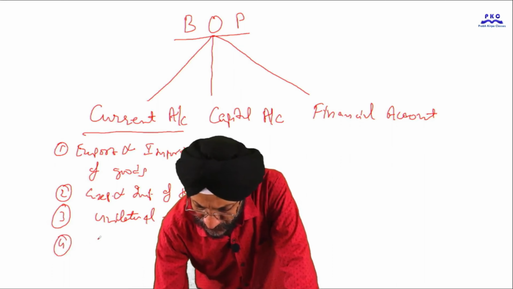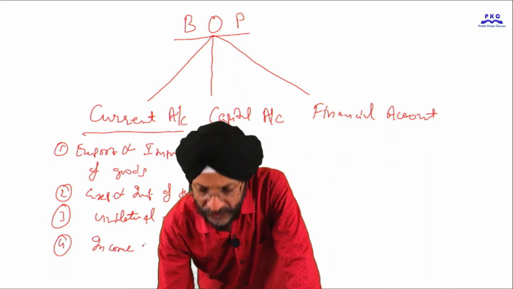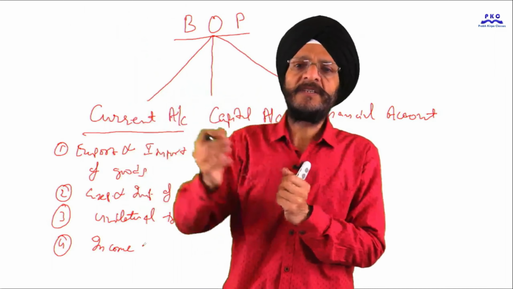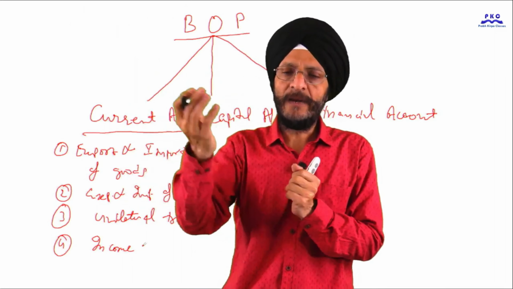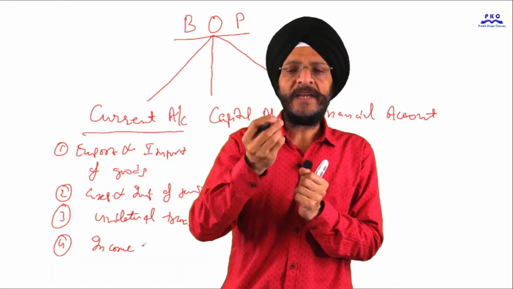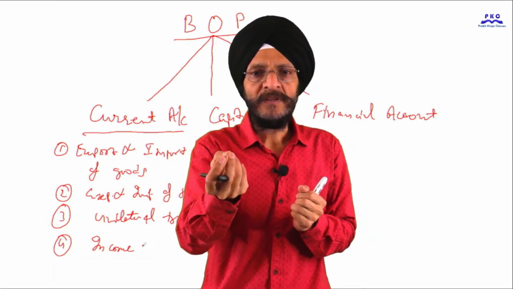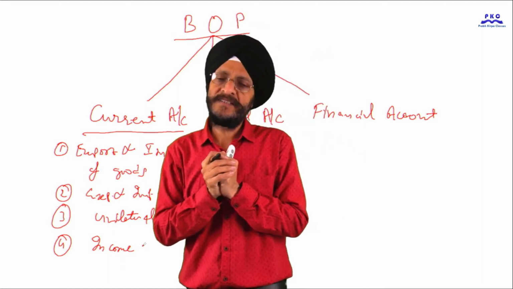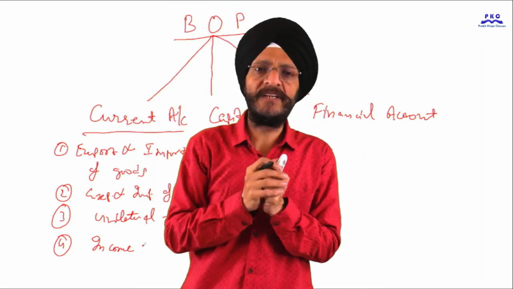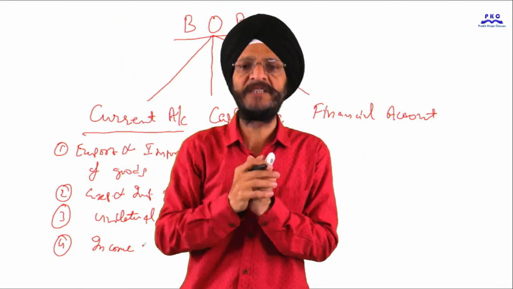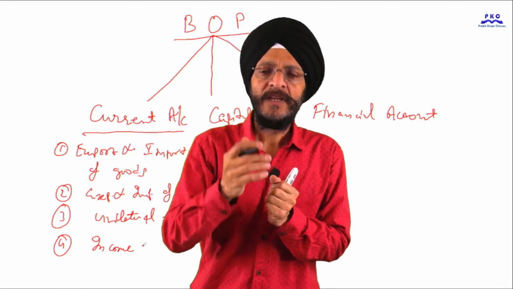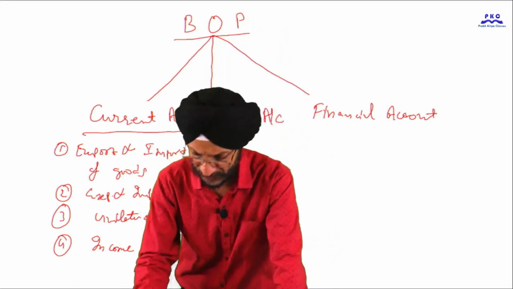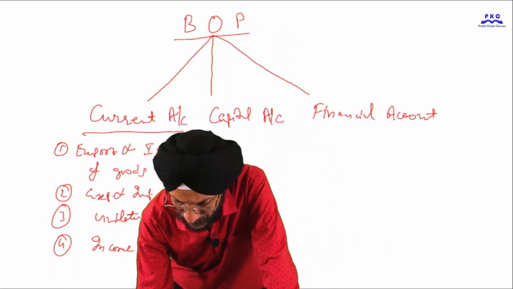And then income from investment. We may have made some investments in foreign countries, and we may be receiving income in the shape of, say, rent, dividend, profit, and at the same time foreigners might have invested in our country, and they may be receiving payment in respect of their investments in the shape of dividend. So all these transactions are recorded here, income from investments.